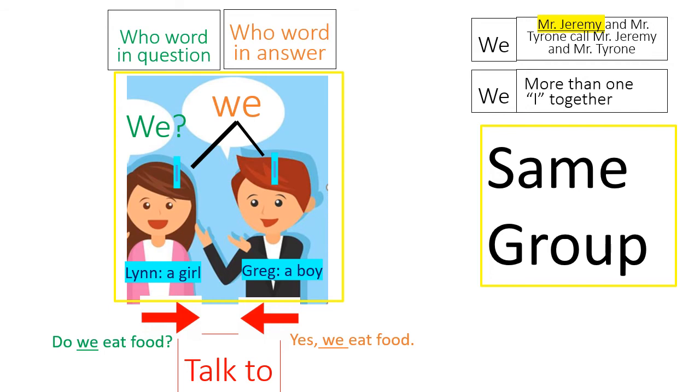So notice they're not talking to a person outside their group. They're in the same group. So for example, do we eat food? Yes, we eat food is the answer. Or if it's a no answer, it would be no, we don't eat food, okay?